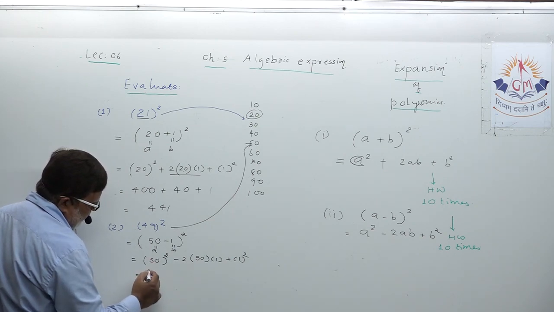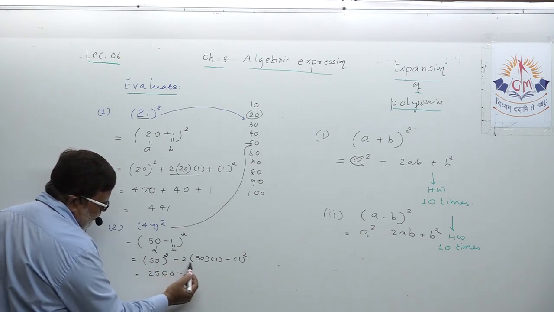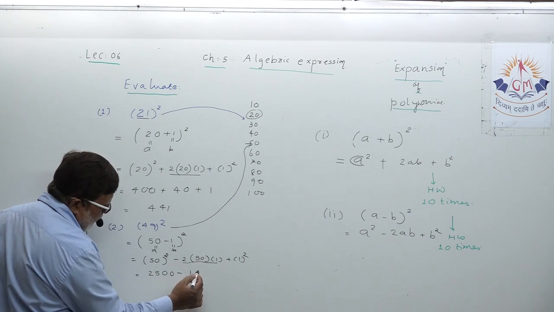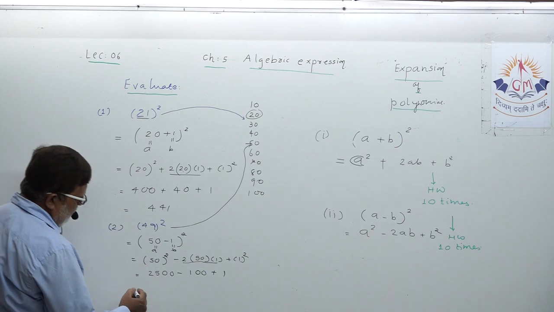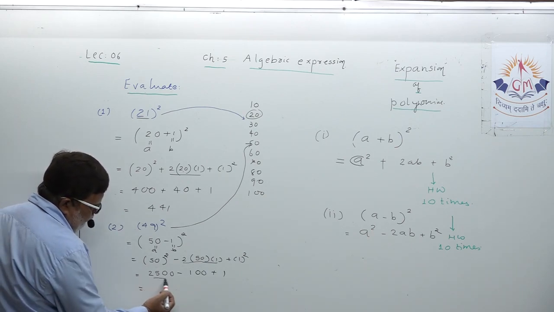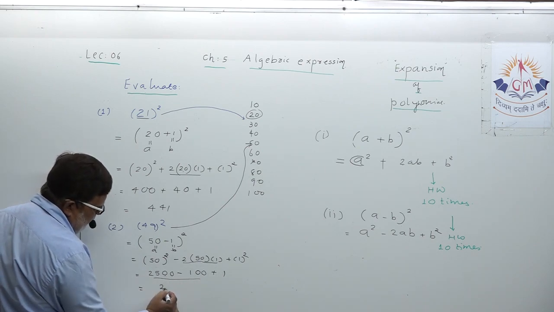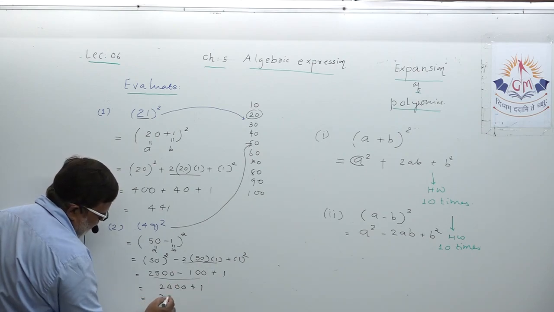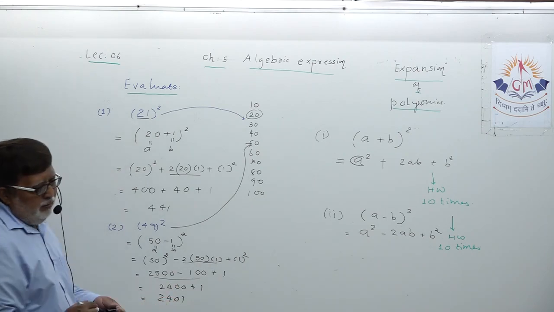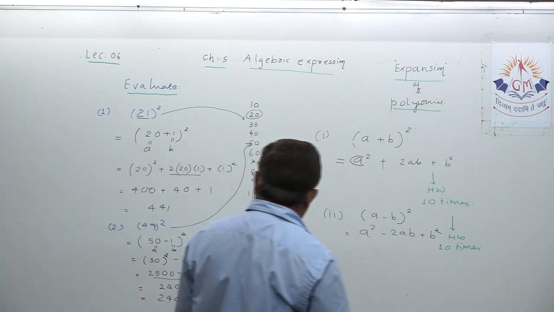Let us simplify. 50 square means 50 multiplied by 50, 2500. 2 into 50 into 1 is 100, and B square is 1. First you solve this. 2500 minus 100, 2400 plus 1, it turned out to be 2401. Simple. Splitting the term and evaluating.